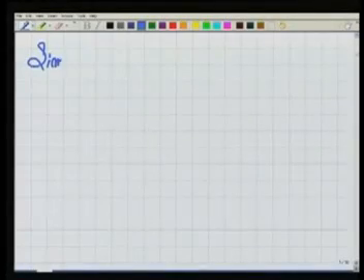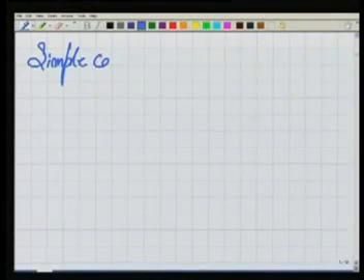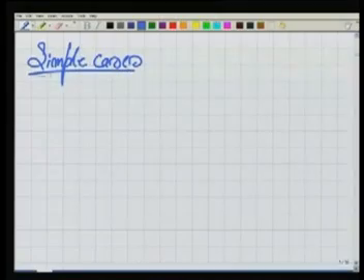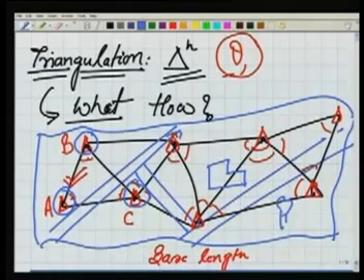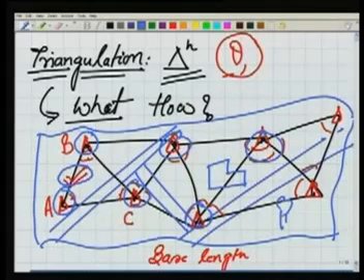Now in that case, we go for a method. In the simple cases, when we want to measure a small base length, because as you understand now, in the case of the triangulation, the accuracy of all these coordinates will depend upon the accuracy by which we have measured the base length.